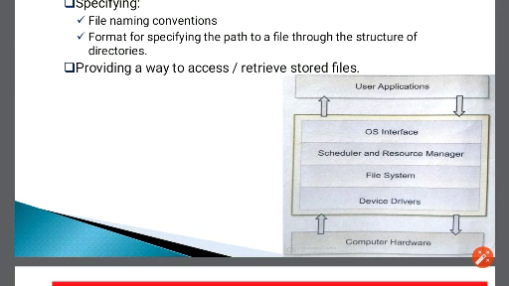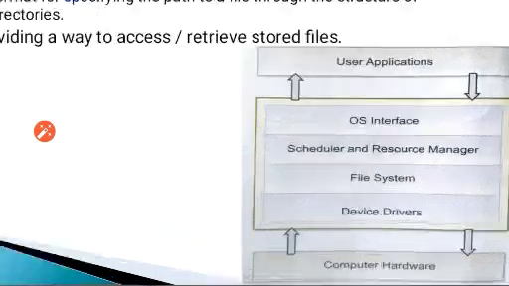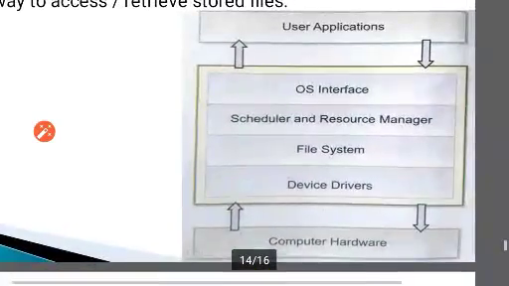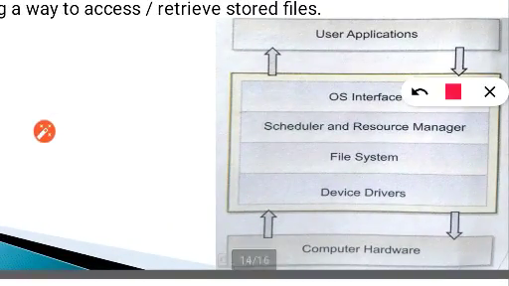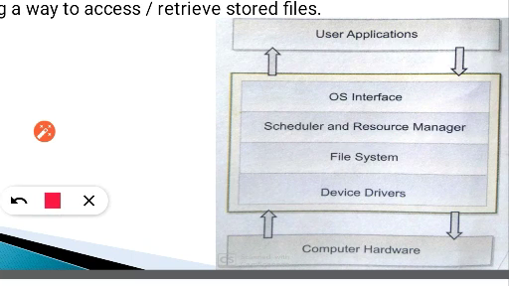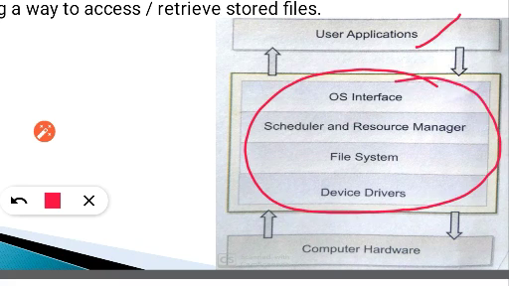You can see the user applications over here, then this whole portion is actually working in between the file system, device drivers, operating system interface, and at the end again this is interacting with the hardware.